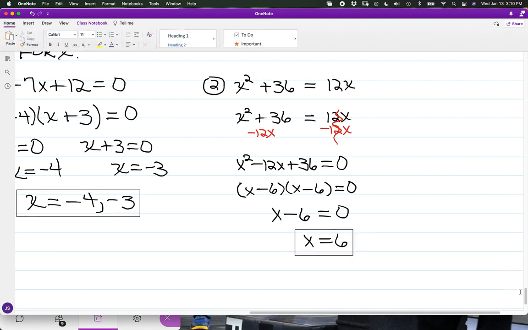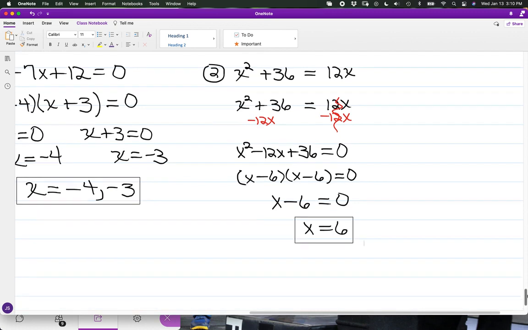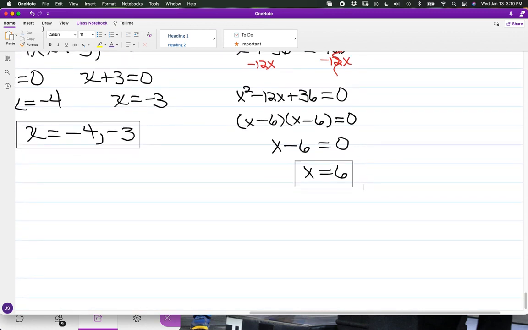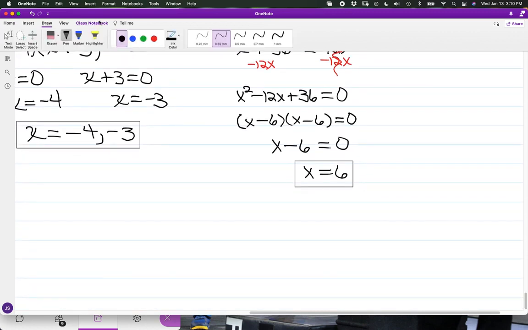And so just one more case here, and I just want to mention how to go about it if you have an additional coefficient. Let's say we have negative 2x squared plus 8x plus 64 is equal to 0.